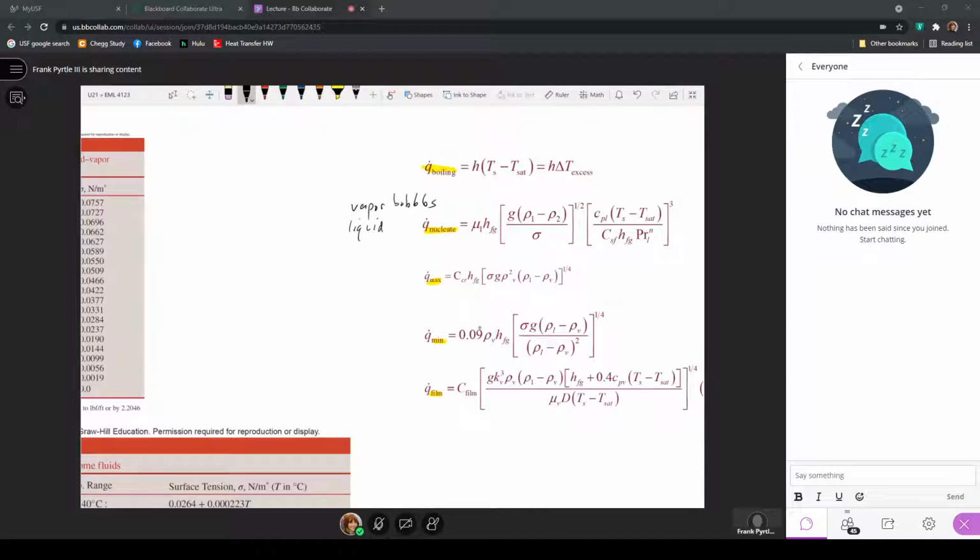It's the dynamic viscosity of the liquid, the latent heat of vaporization associated with the saturation temperature, of course, because we are changing phase, producing bubbles. We have the density of the liquid phase and the density of the vapor phase, rho 1 and 2. The specific heat of the liquid phase, the Prandtl number of the liquid phase, gravity, the surface tension of the fluid.